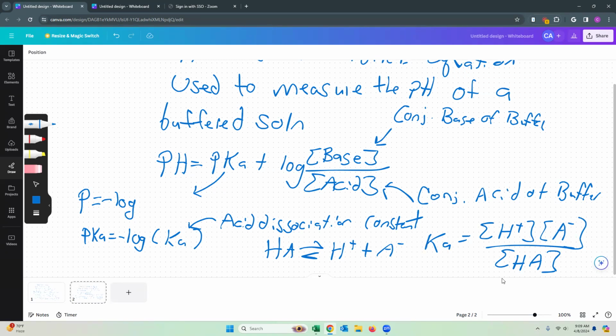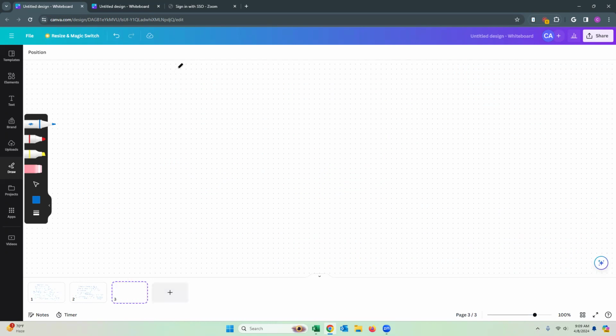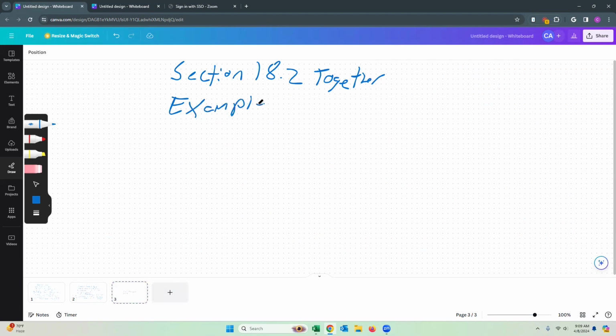The slide I am going to do together is titled section 18.2, example 18.1, from your book.